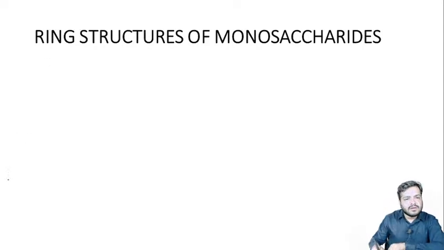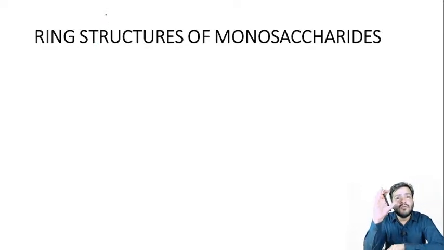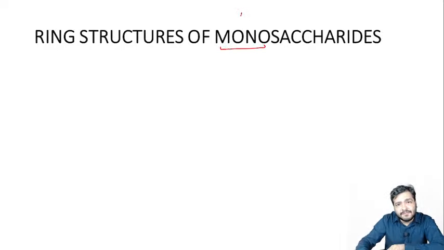So starting with the glucose part, everyone knows that we are going to discuss the ring structures, how from a straight chain a ring is formed, starting with the monosaccharides. In monosaccharides, we have only one sugar unit.